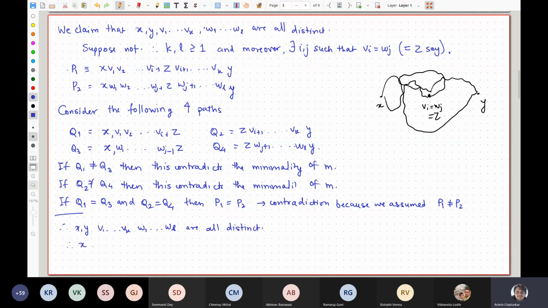So therefore, x, v1 through vk, y, wl through w1, x is a cycle. All right. Any questions before we go ahead? So I hope this proof looks okay now.